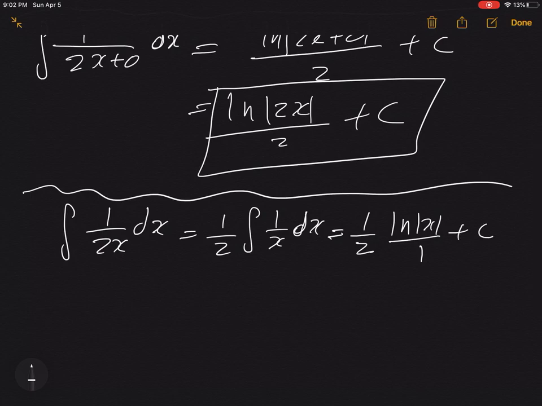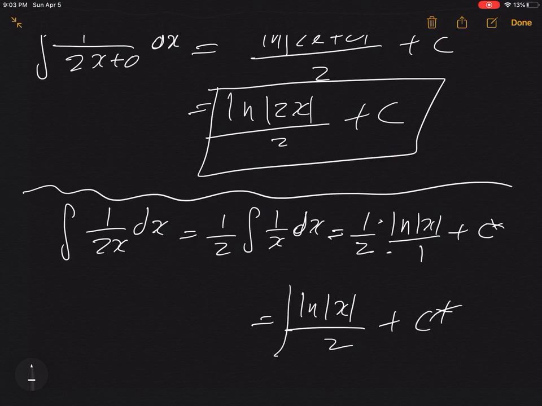Okay, to differentiate between these two c's, I'm going to call the second one c star, just a second constant. And as you see, we may simplify this as 1 over 2 times ln of absolute x, plus c star.